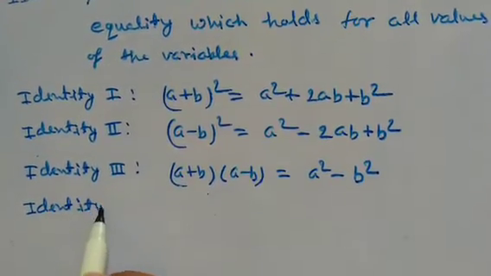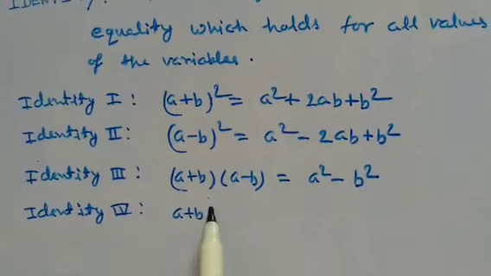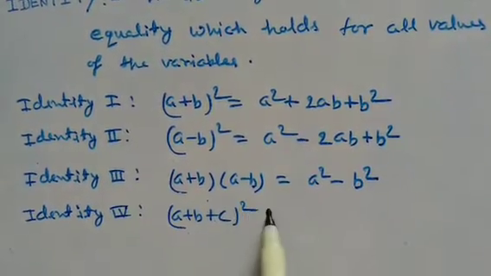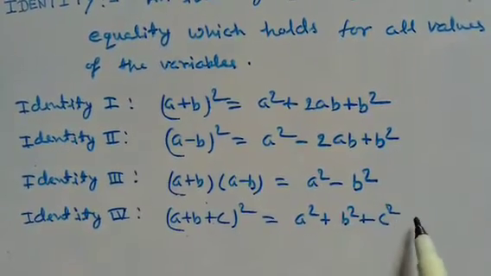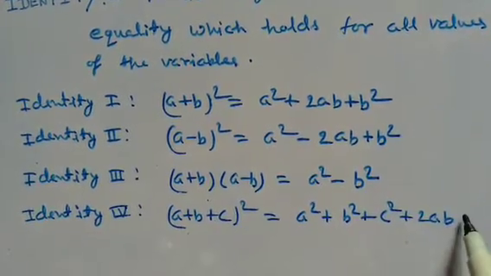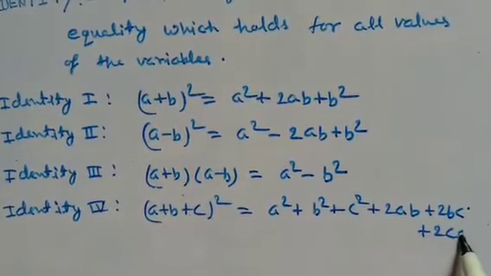Identity 4, (a plus b plus c) whole square equal to a square plus b square plus c square plus 2ab plus 2bc plus 2ca.